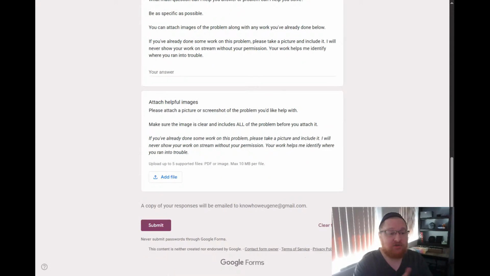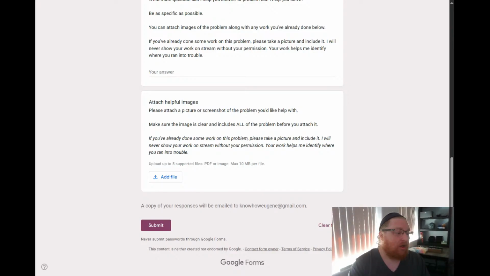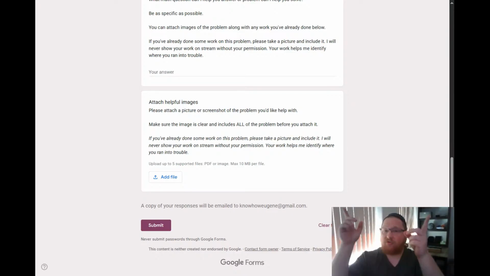So the images you should submit, you can submit up to 5 on this form. Obviously, the problem itself, whether it's in a textbook or on a worksheet or a picture you took of a problem the teacher posted to the board, whatever, send me that. Hopefully it's as clear and complete as possible, especially if you took it off of the whiteboard or something like that.